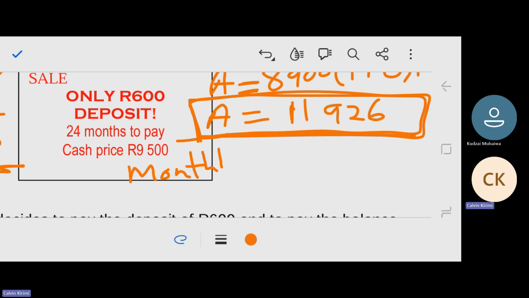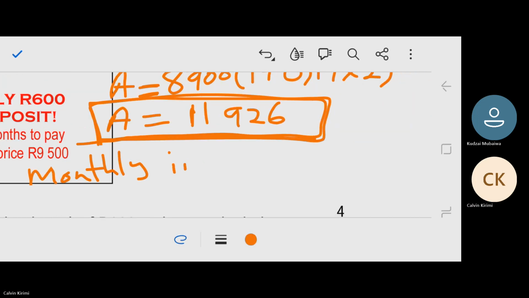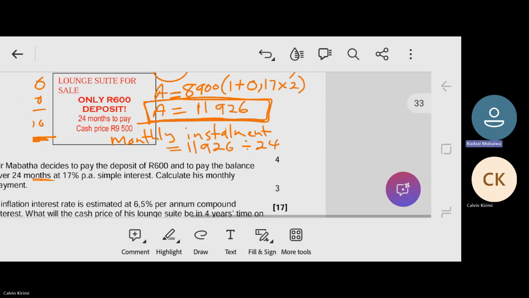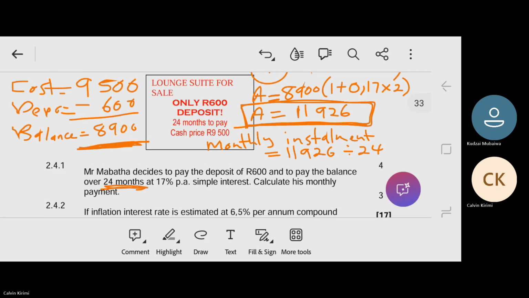So the monthly installment will be equal to 11,926 divided by 24 months, which is how much? 496.91.